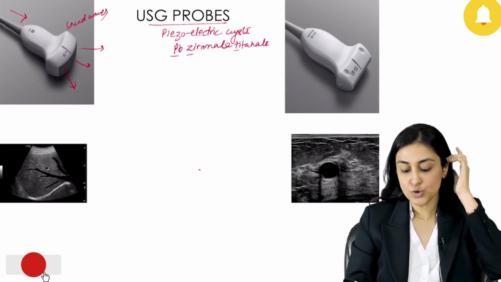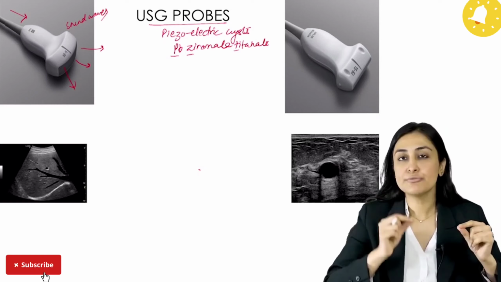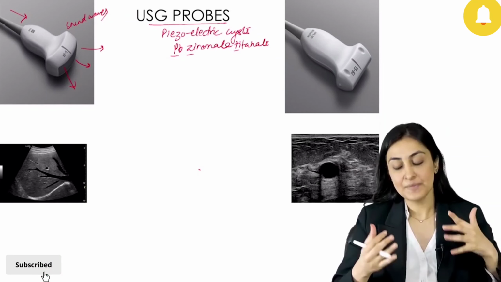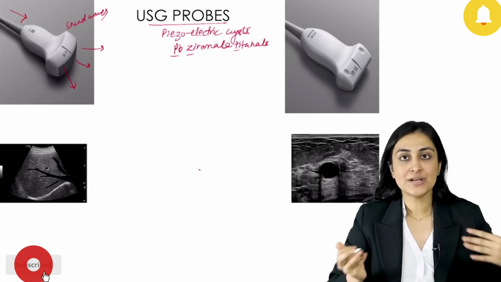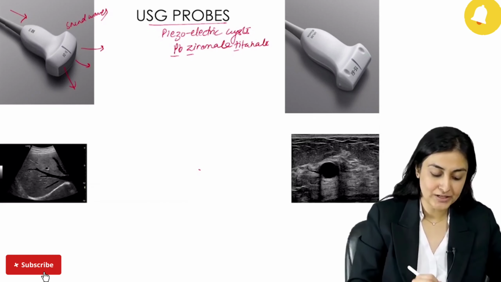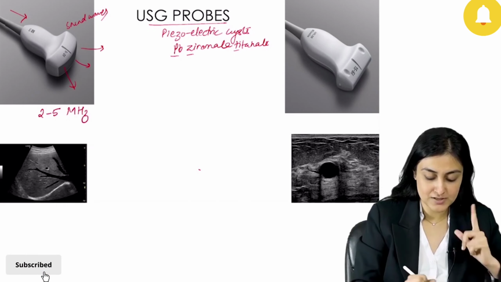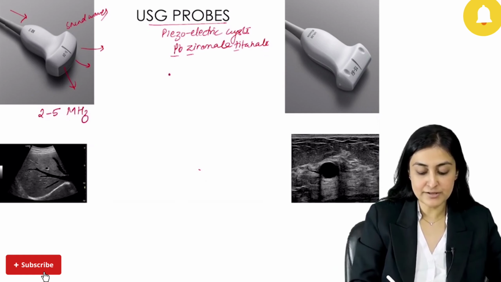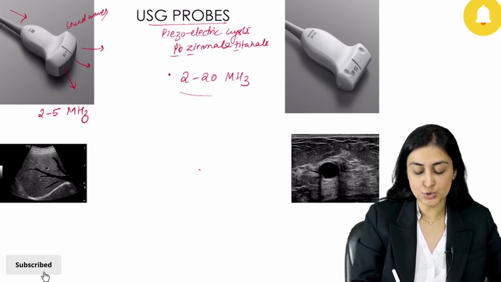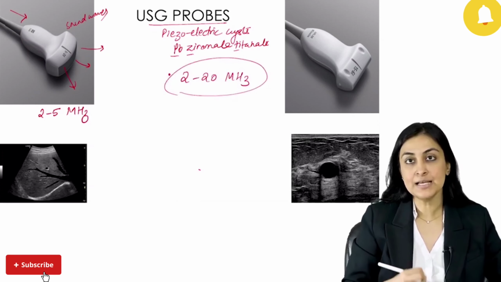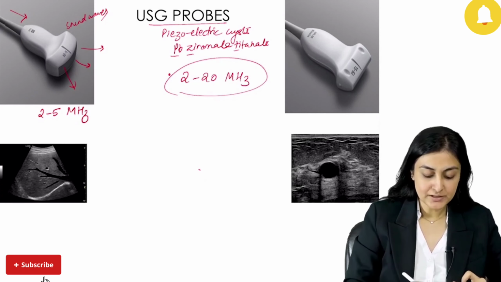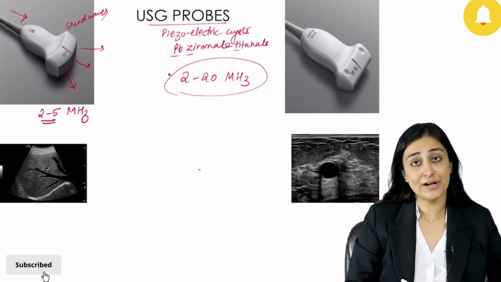Okay, so all of these probes are used depending on the frequency of the vibration, and that is how we use various applications. So here you have a low frequency probe, which is 2 to 5 megahertz. One more fact to remember, what is the frequency of medical ultrasound? It ranges from 2 to 20 megahertz that we use. So here the low frequency probe is 2 to 5 megahertz.